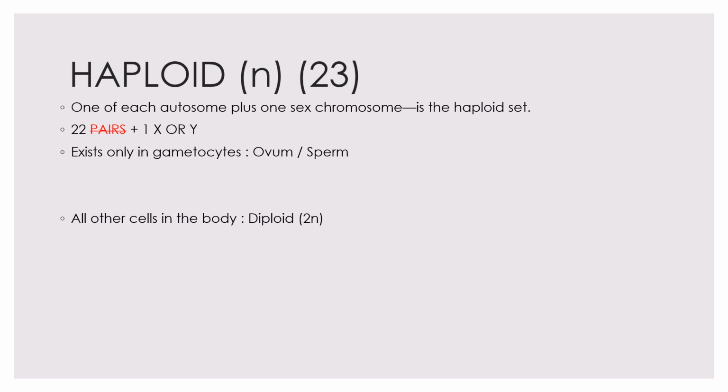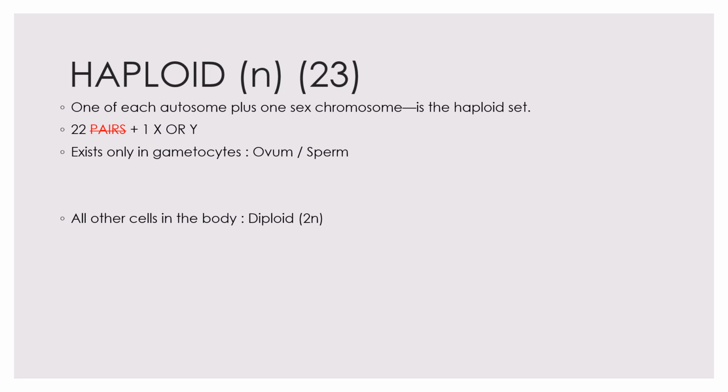So if you are asked, how many autosomes does a gamete have? The answer is 22, not 44 or 22 pairs. Okay, along with how many gonosomes or how many sex chromosomes? Just one sex chromosome. Either it's an X or a Y.